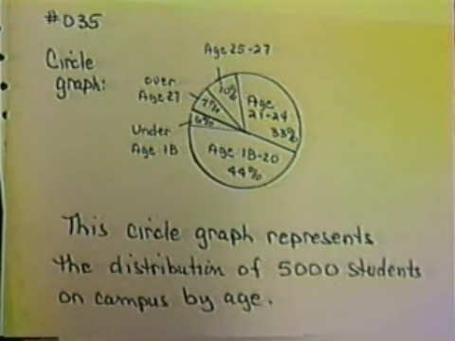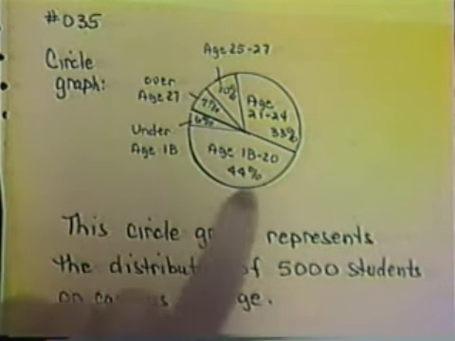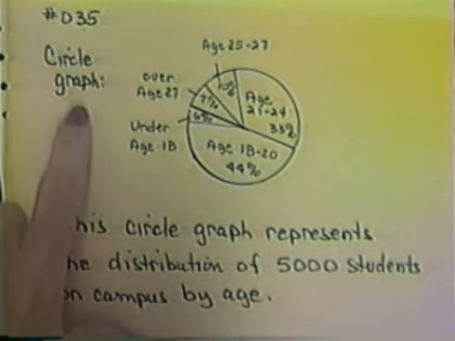A circle graph. In a circle graph, the parts are like slices of pie. Notice it's like pieces of a pie, but some pieces are bigger than the others. Sometimes it's also referred to as a pie chart, but most of the time it's called a circle graph.